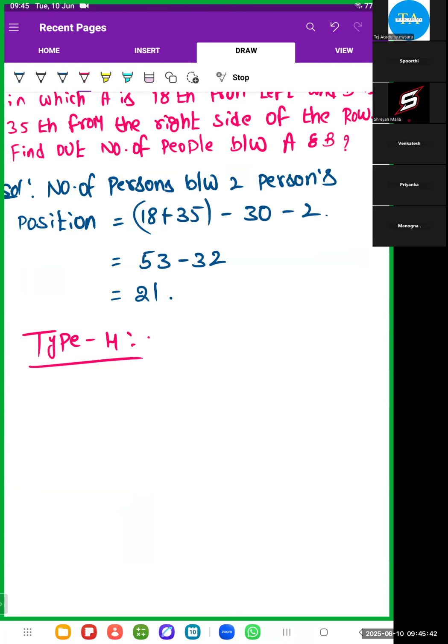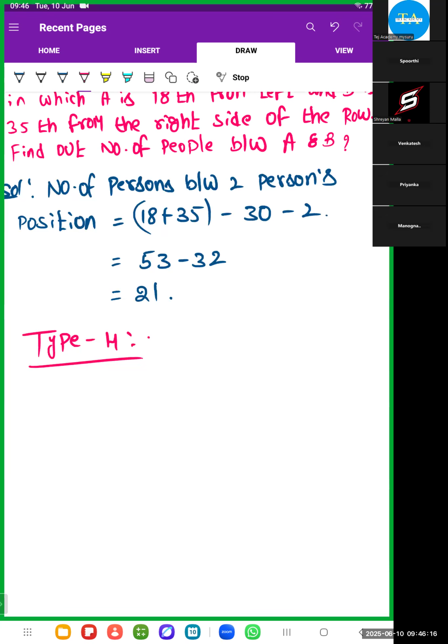There are two ways: one is left to right or right to left. The other case is when persons move top to bottom or bottom to top. These are the two cases, right? So in such a case, how to find it?